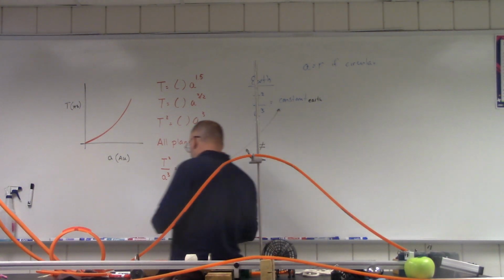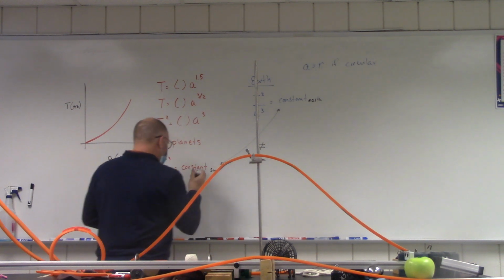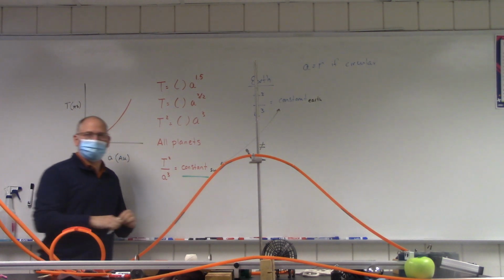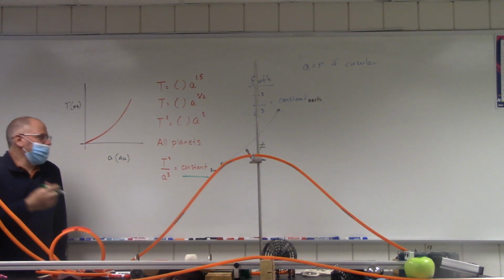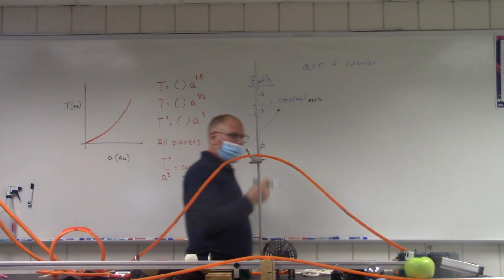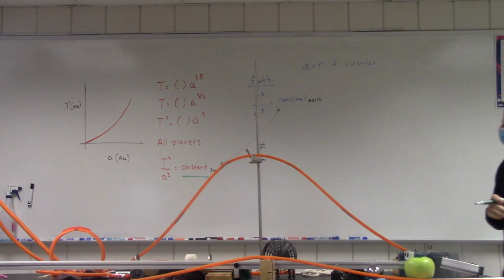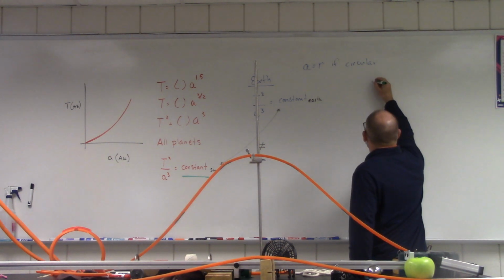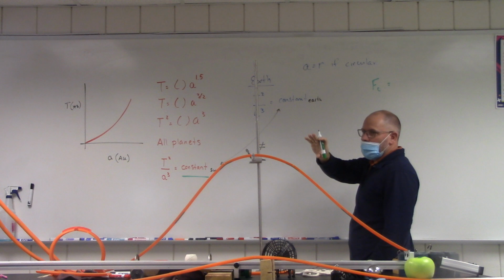All right, so here's what we're going to do. I want to calculate this constant. I want you to calculate it. Here's what you're going to start with. We're going to pretend that things are going in a circle. We know the centripetal force. Pretend for a moment that the planets are going in a circle.